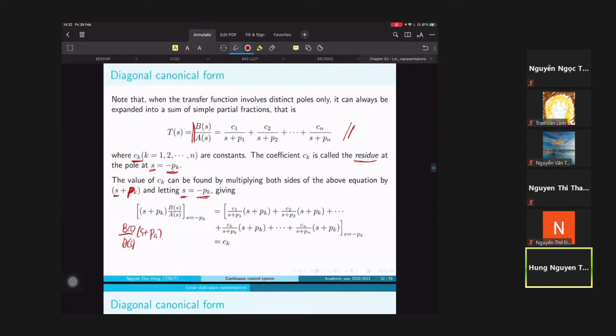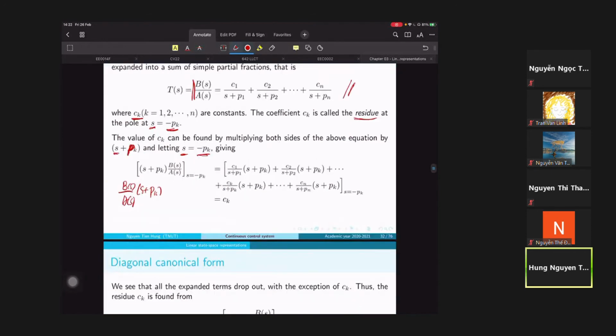So first we got C1 (s plus P1) multiplied by this, C2 multiplied by this, and so on up to Ck (s plus Pk) over (s plus Pk), and we do this up to the last one, Cn (s plus Pk) over (s plus Pn).